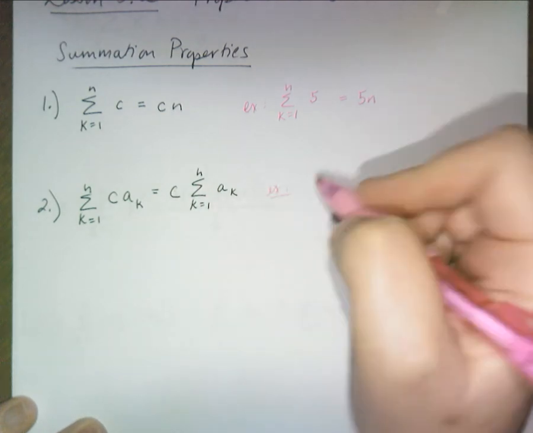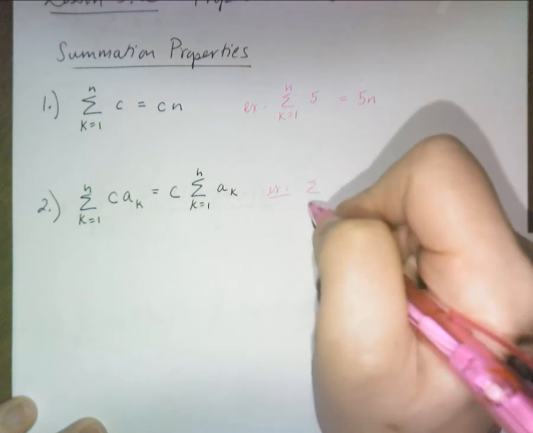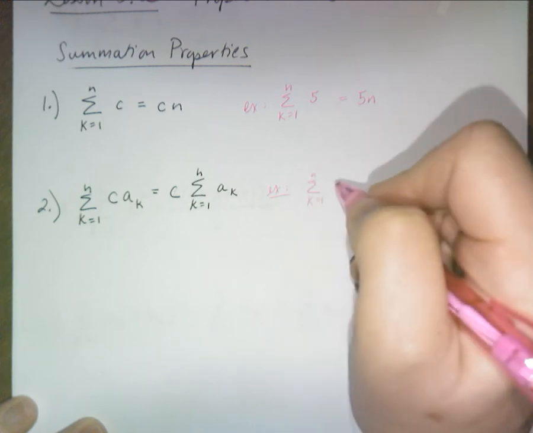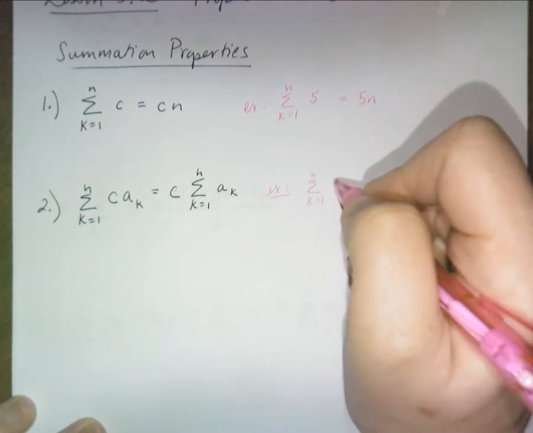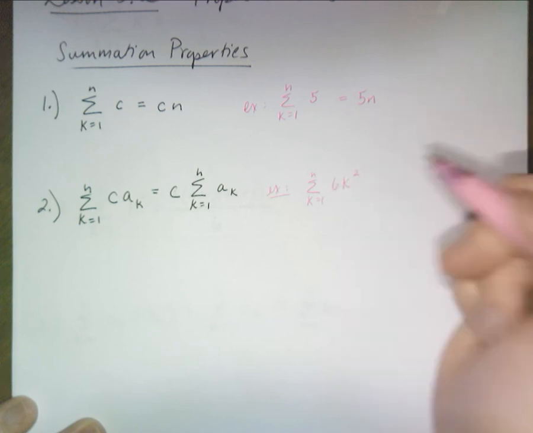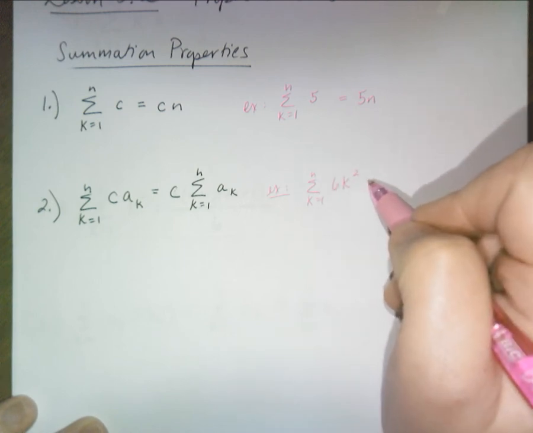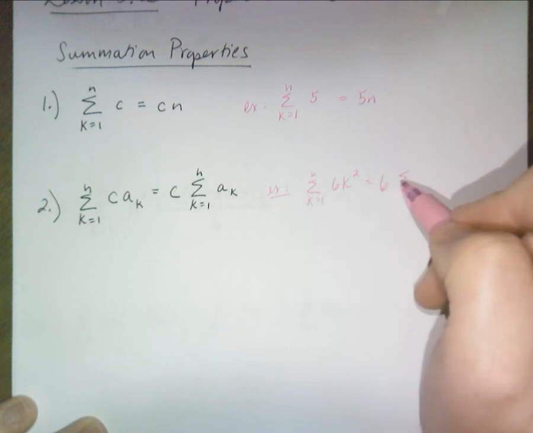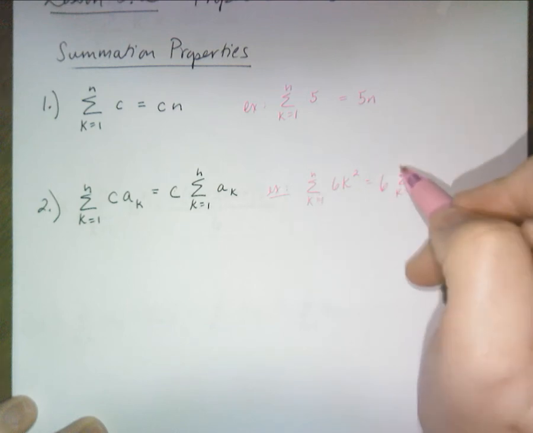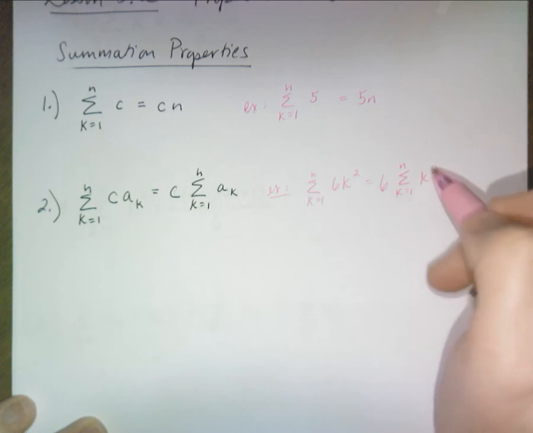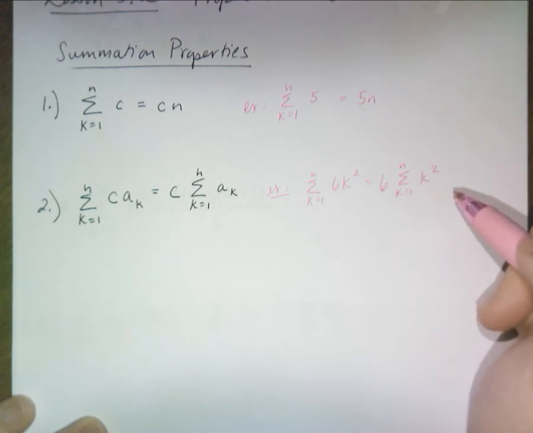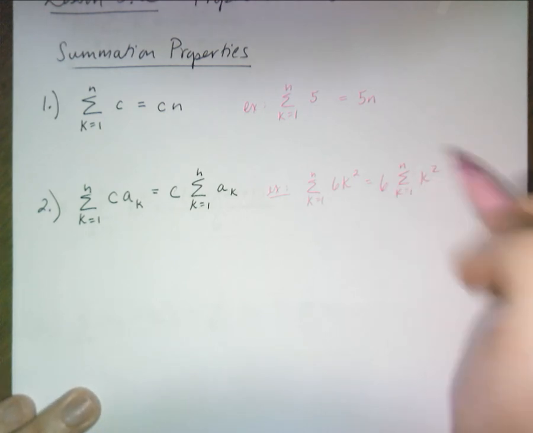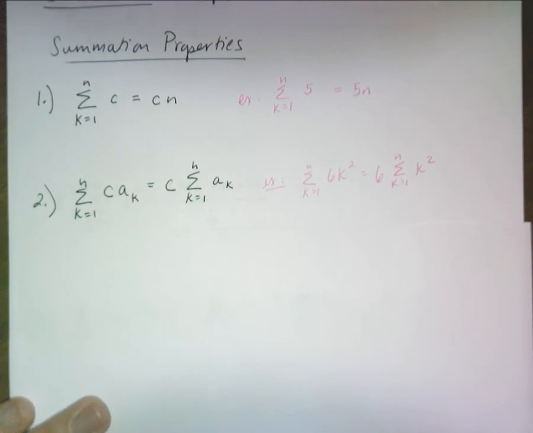So if I had the sum from 1 to n of 6k squared, you could take that 6 outside of the sum and then figure out what this is, which we're going to learn in a moment, and then multiply 6 inside of it, okay?